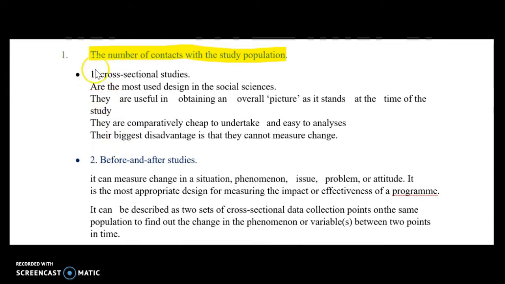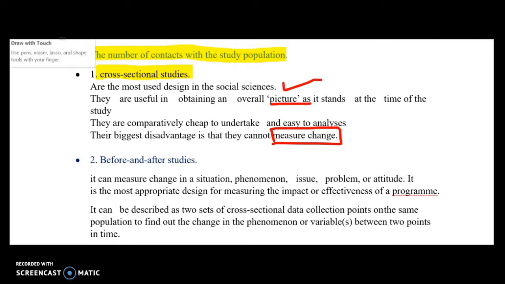The cross-sectional research design is the most commonly used in social sciences, and it is useful to obtain the overall picture as it stands, and it is comparatively cheaper to undertake. The problem with this one is that you cannot assess or describe the change, you describe only the nature of the problem.